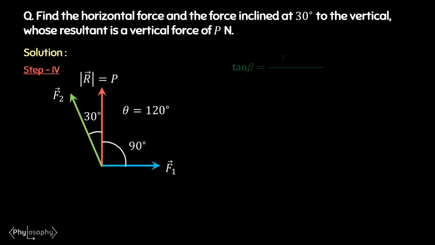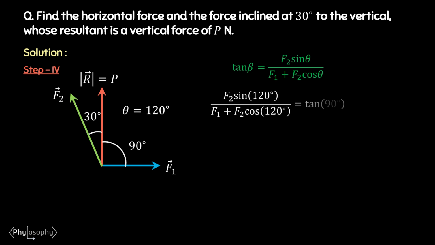So first let us use the formula for the direction of the resultant vector R, which is tan beta equals F2 sin theta over F1 plus F2 cos theta. So from this figure, as you can see, beta is 90 degrees and theta is 120 degrees. If we use this, then we can write F2 sin 120 degrees over F1 plus F2 cos 120 degrees equals tan 90 degrees.